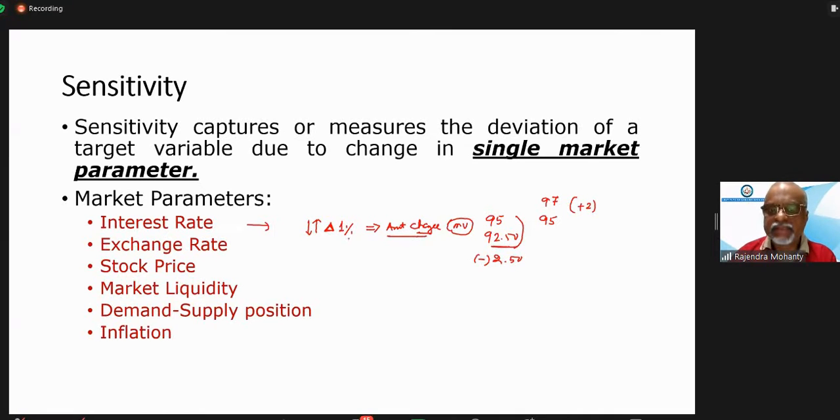So that means for a change of 1%, this is 2.50, and when it is appreciating, it is 2.